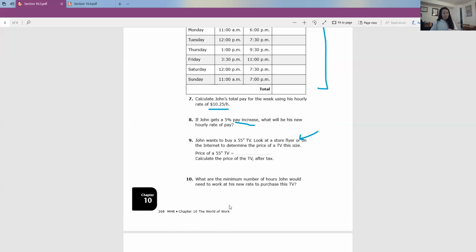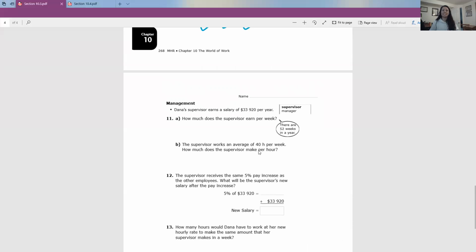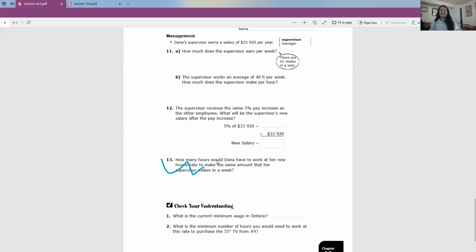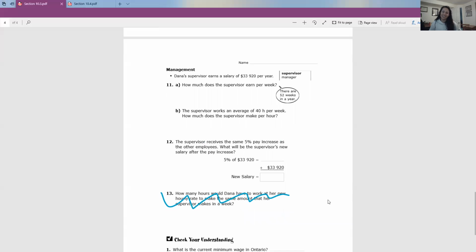Okay. Oh, and then you do not need to do number 10, so you can cross that off. I'm not interested. And when you get to the next page, you can do numbers 11. Hold on, do number 12, but you do not need to do number 13. Okay, so we can cross off 13 and you can cross off 10, but I would like you to try the others on your own.